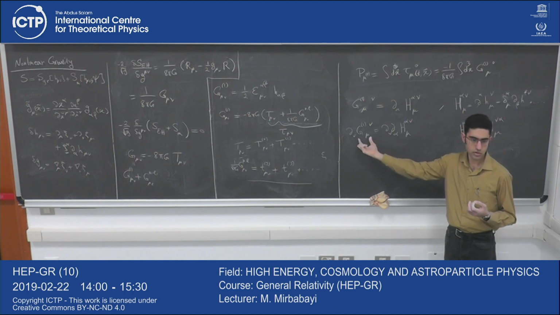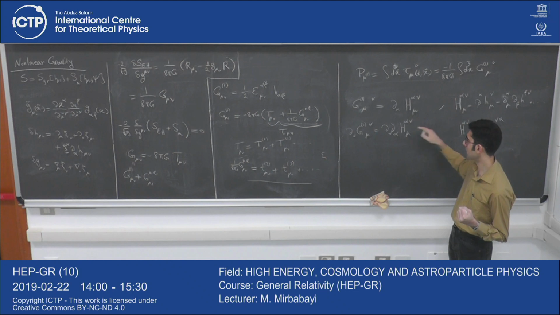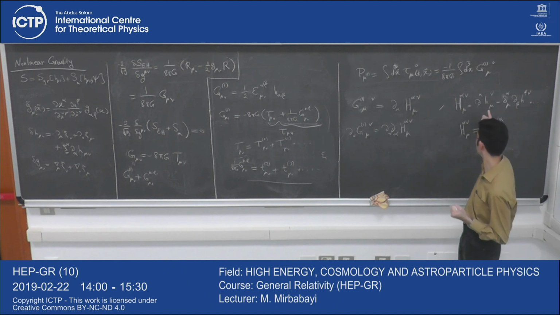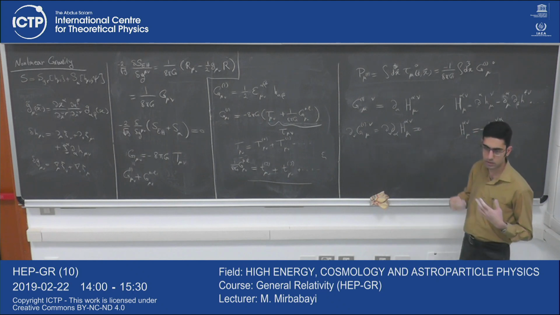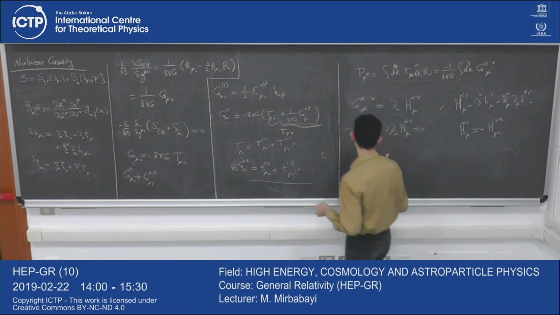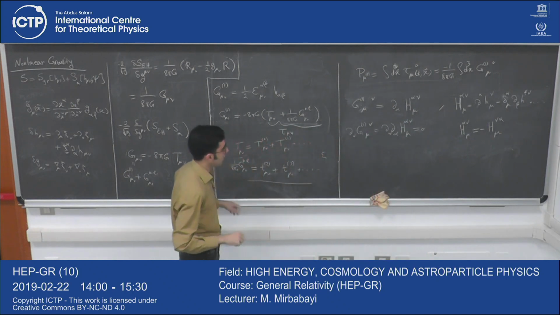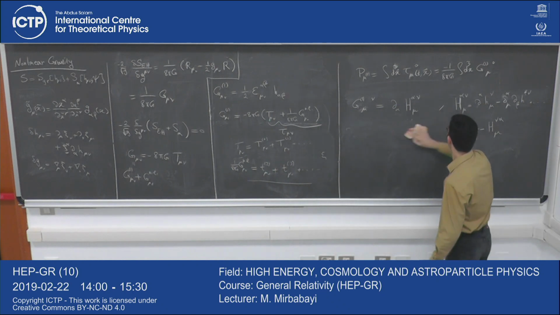This linearized g mu nu is identically conserved. So regardless of what is the solution for this little h mu nu, this is equal to 0 just because of the symmetry structure. Okay, so why do we care about this?